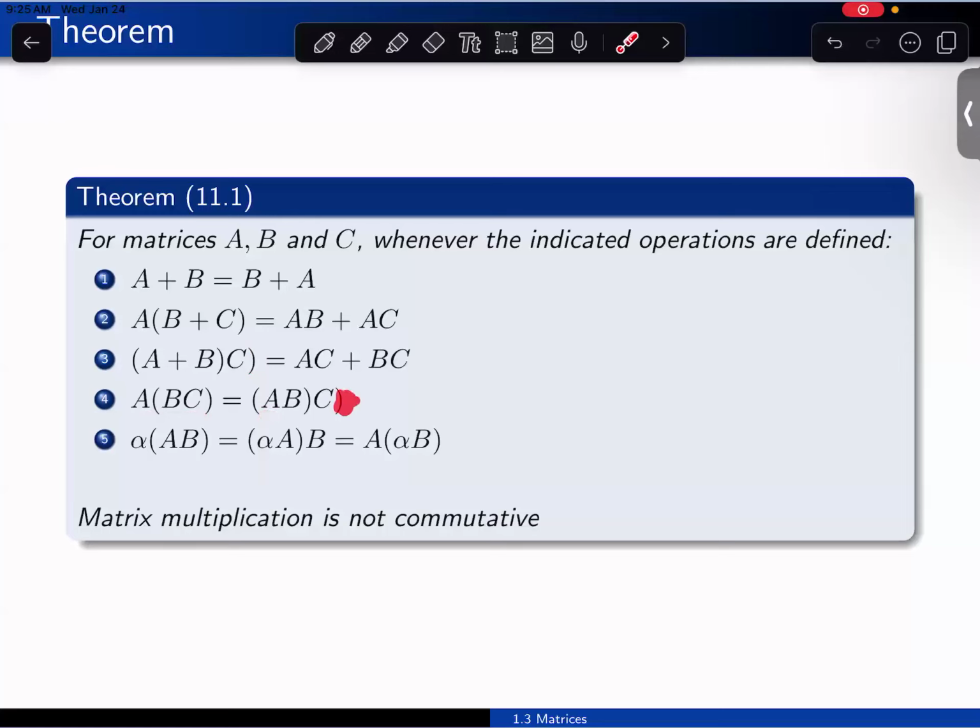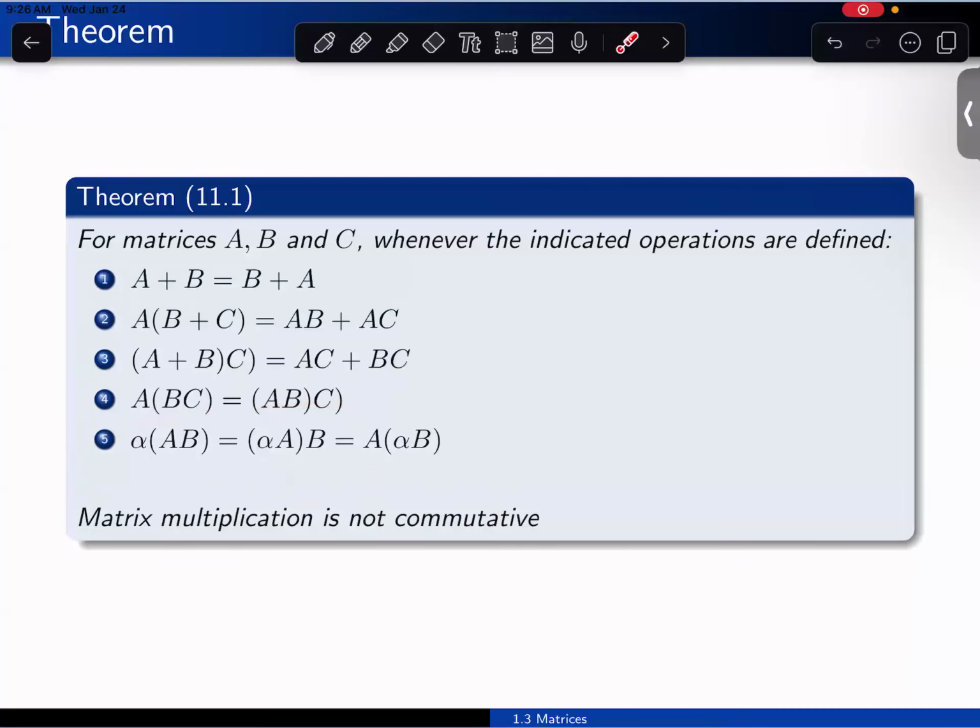And again, there's one too many parentheses. And then with scalar multiplication, if you do alpha times the product of A times B, it's the same as first multiplying A by alpha, and that ends up being the same as doing alpha times B and then multiplying by A. So it doesn't matter in which order you multiply the scalar. It all works out.